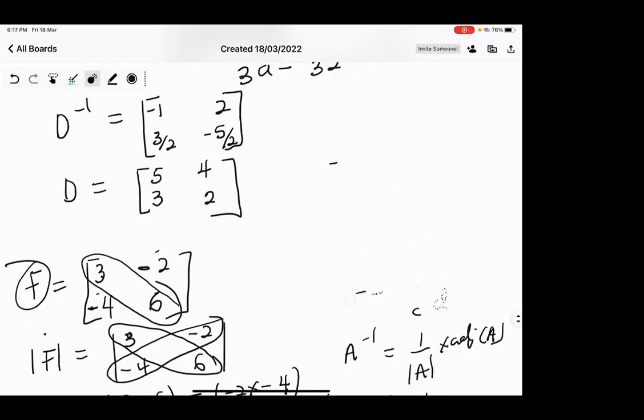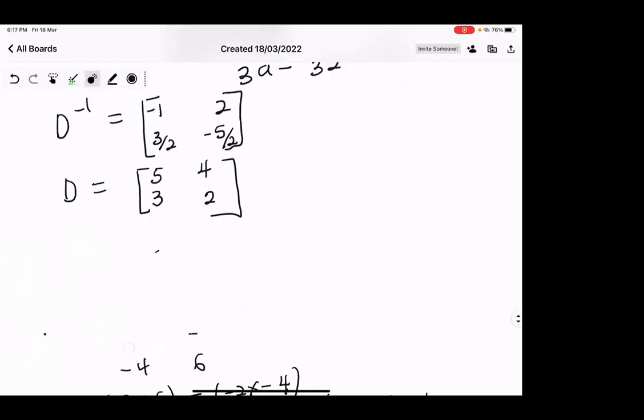So okay, let's all go through it together and see where probably the mistake is coming from. We first find the determinant of D, which is given by the absolute value of D. So we have 5, 4, 3, 2.